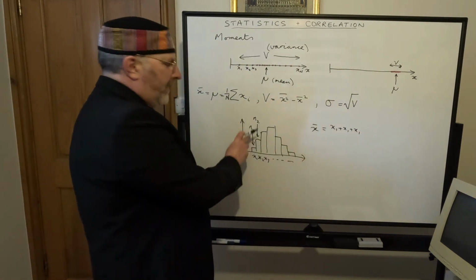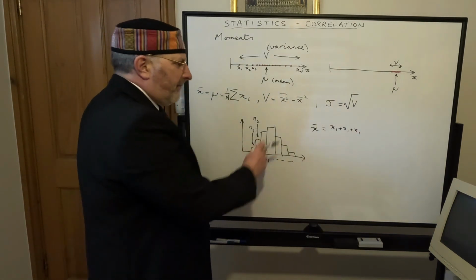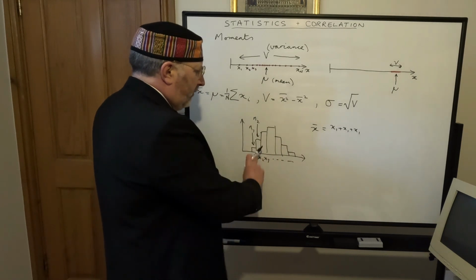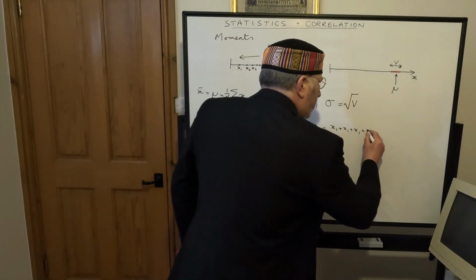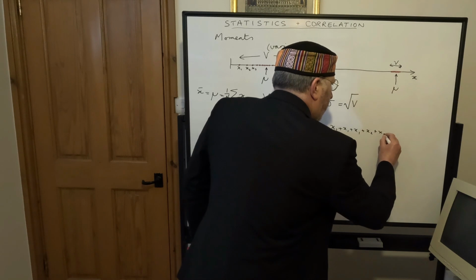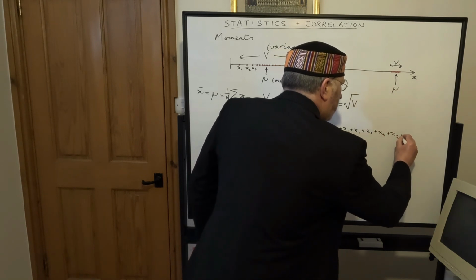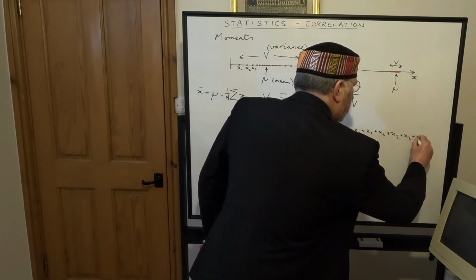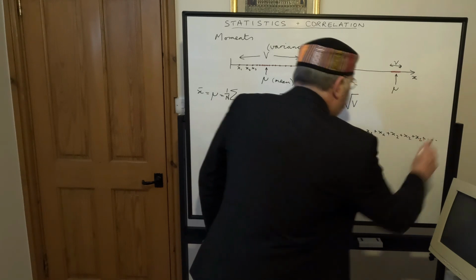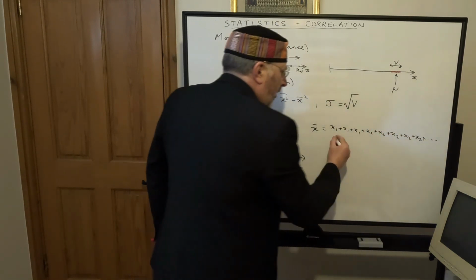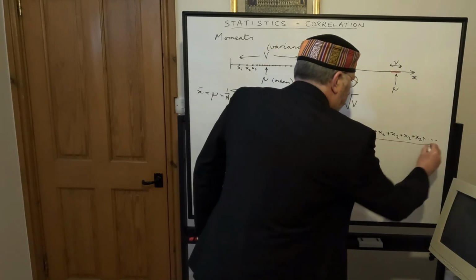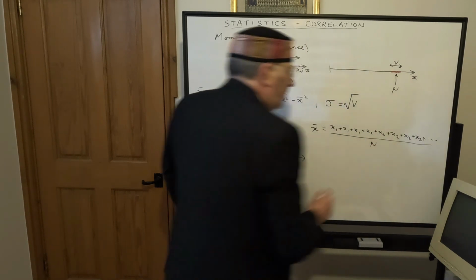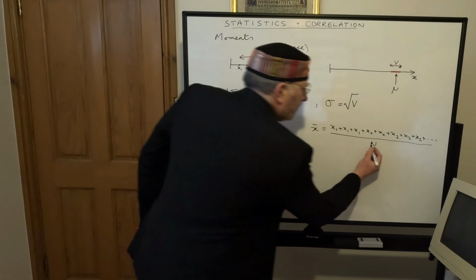Let's say n1 is 3. There were 3 with value x1, and then let's say there were 5 with x2, so that would be plus x2 plus x2 plus x2, and so on. And then for x3 and so on, and then we divide all that by n. That's an n, not a mu.